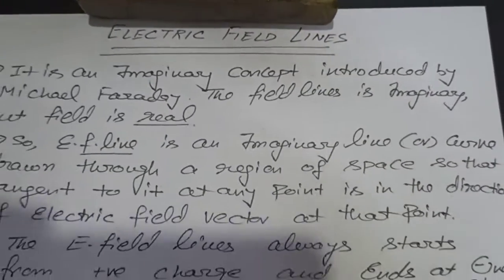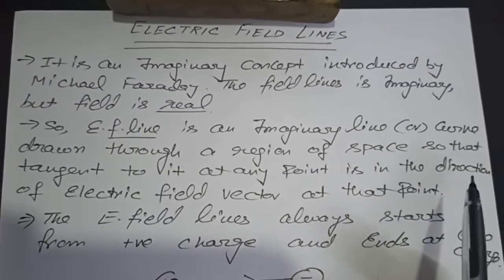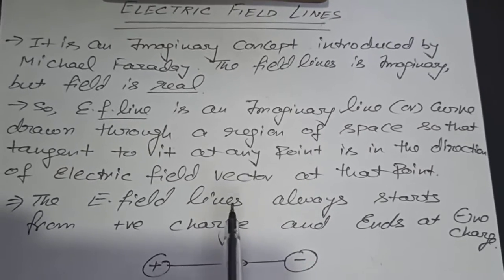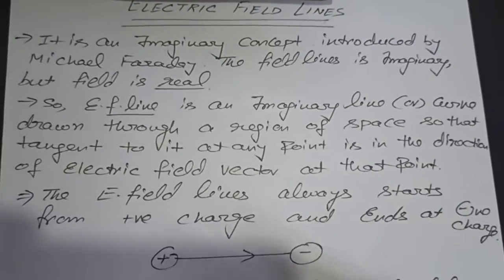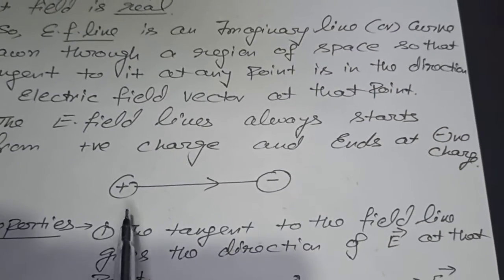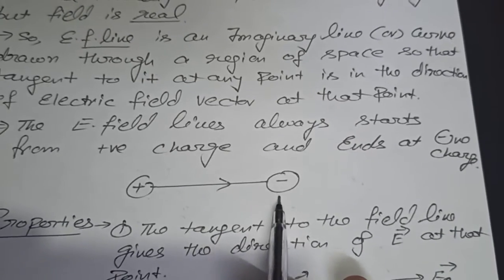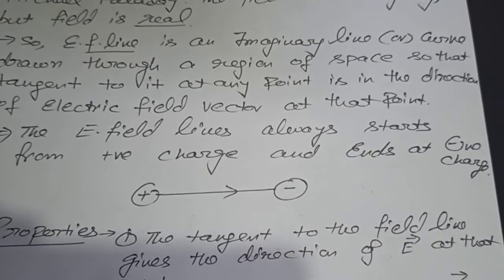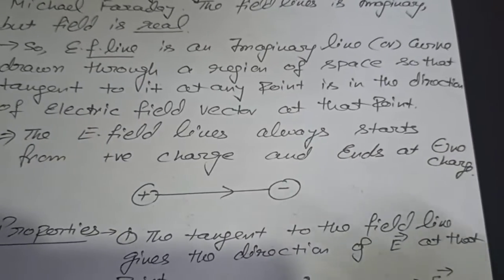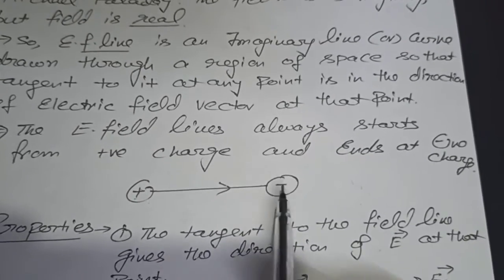An electric field line is an imaginary line or curve drawn through a region of space so that the tangent to it at any point is in the direction of the electric field vector at that point. Let us suppose here is a positive charge. Electric field lines always start from positive and end at negative. An electric field line will continue up to infinity if the negative charge is not close to the positive charge. So it will start from positive and end at negative.